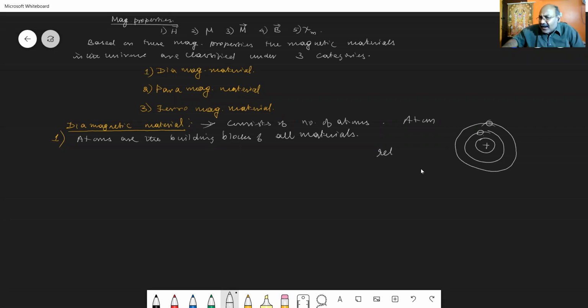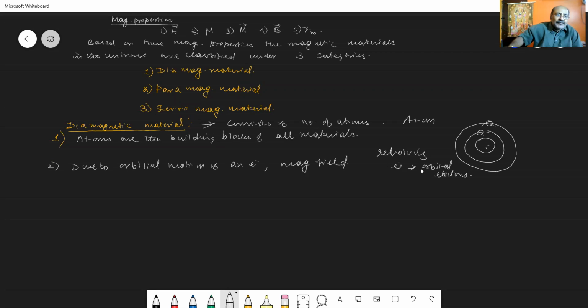So in general we call revolving electrons orbital electrons or orbiting electrons. So the second point: due to the orbital motion of an electron, a magnetic field is developed, or produced.